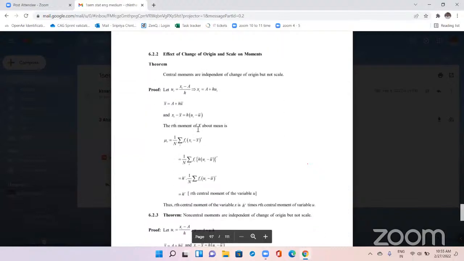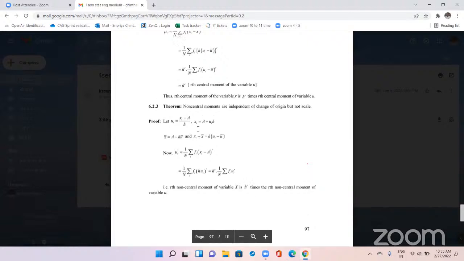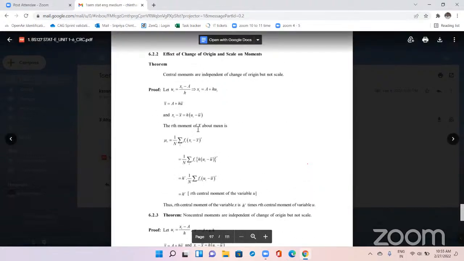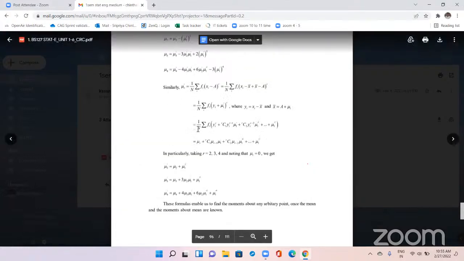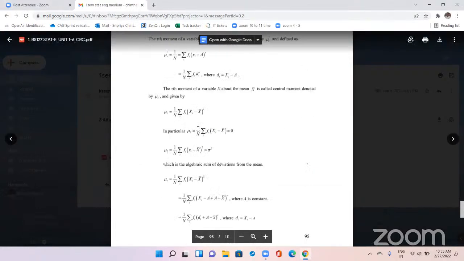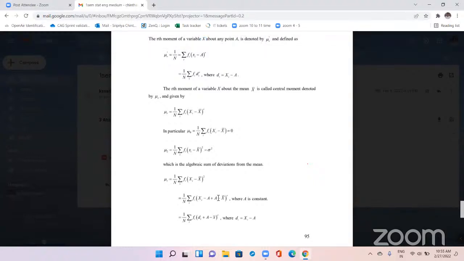Okay, for both the same, sir? No, not the same. Central to non-central is one derivation, non-central to central is another derivation. Here I have given the picture. This is known as central to non-central moments, mu r to mu r prime.